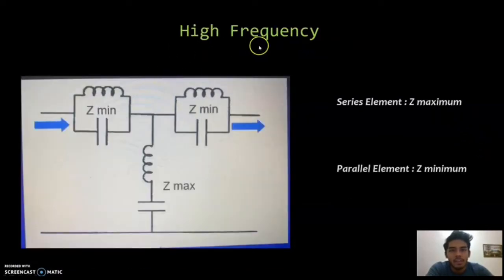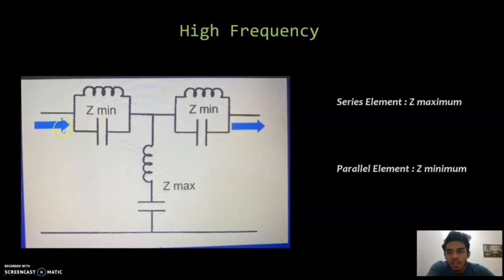Next, high frequency, the last one. High frequency, series element Z minimum, Z maximum. In parallel, it will be minimum. It will be opposite. As you can see in the picture, Z minimum, Z minimum, Z maximum. I think it's a bit similar to low frequency.